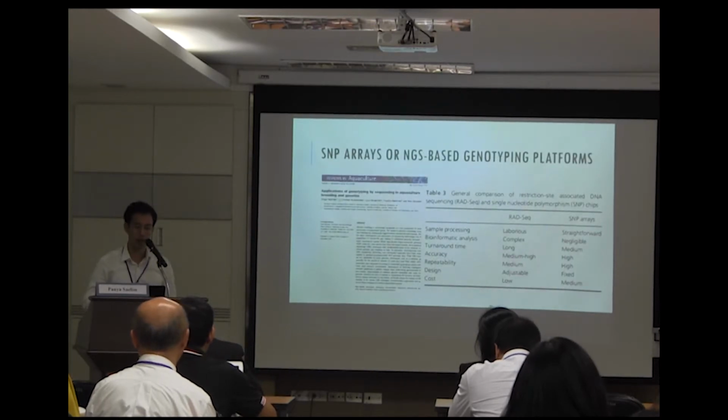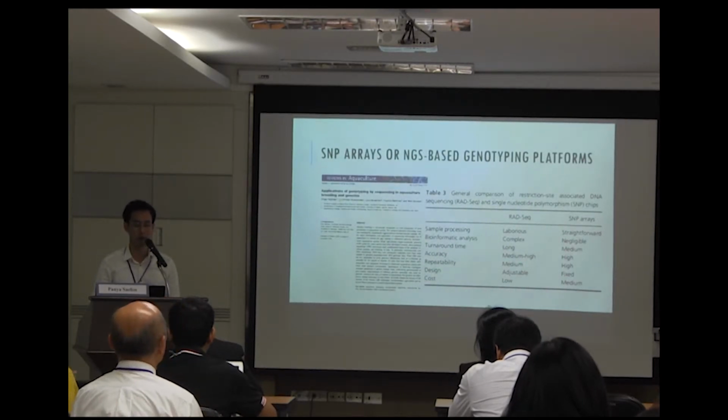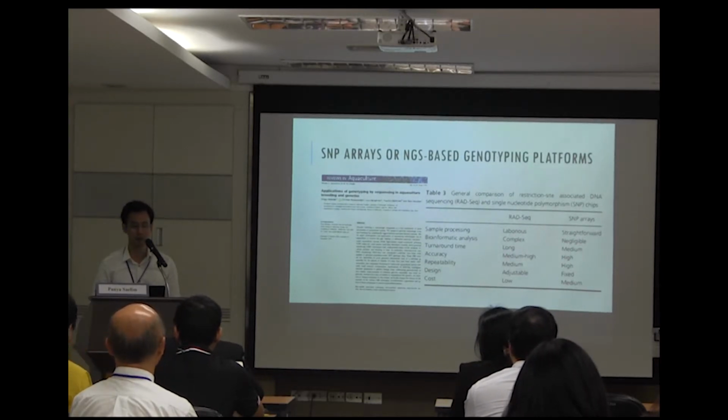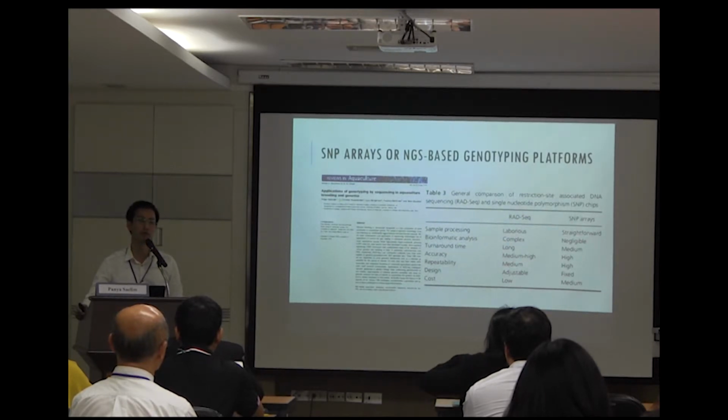I will go to a really brief overview of the genotyping platform first. In aquaculture, for selective breeding, we mostly have two ways of doing it: either the SNP array or next generation sequencing-based genotyping. The latter is referred to as genotyping by sequencing.